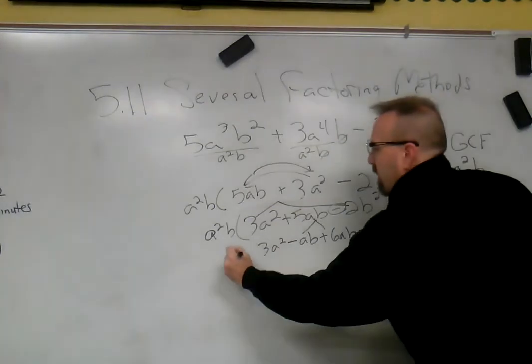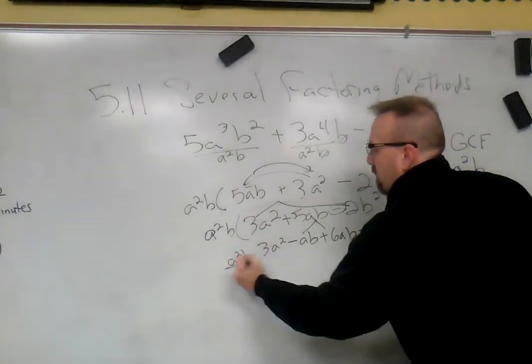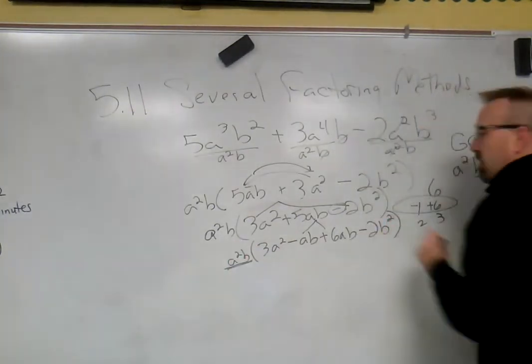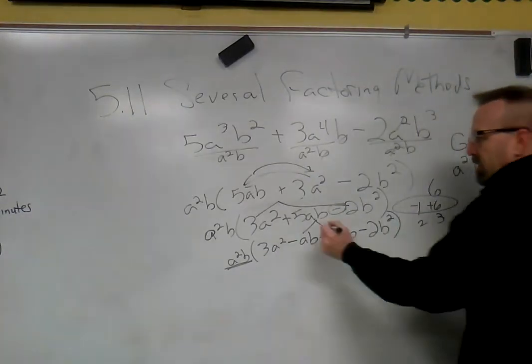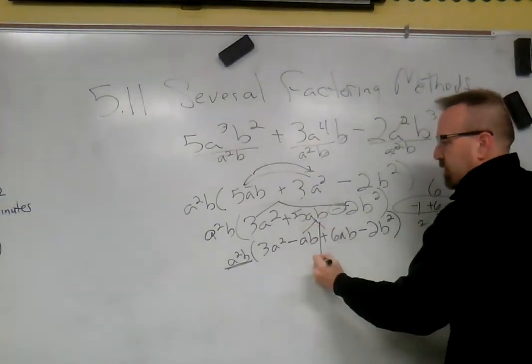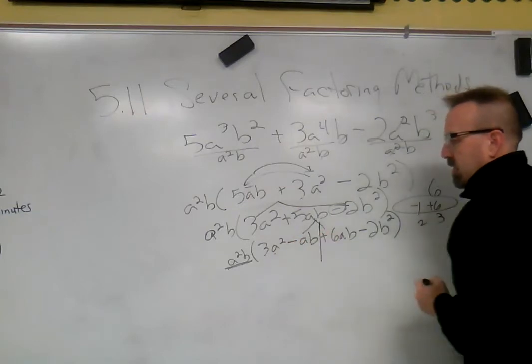Again, don't forget this. This is the part that's very easy to lose. It still has to be out in front. Okay, so 4 parts. What's common in these two?